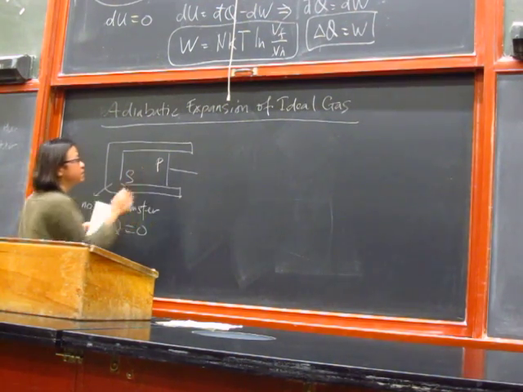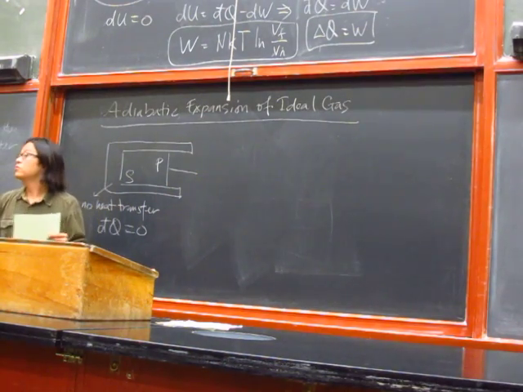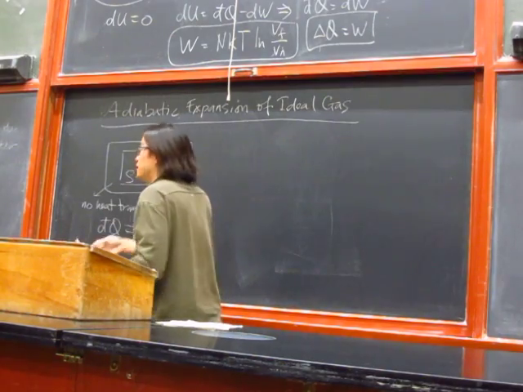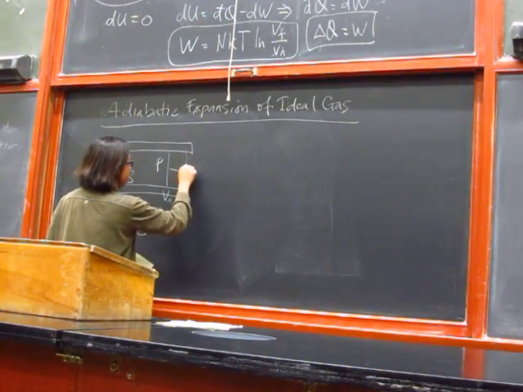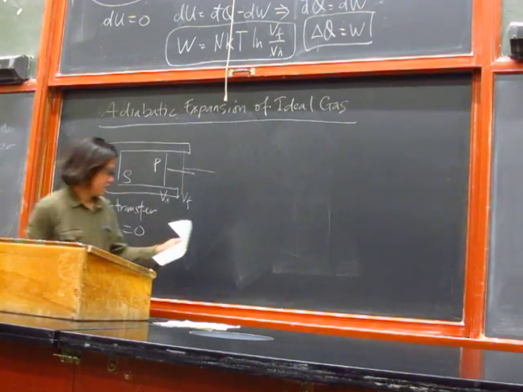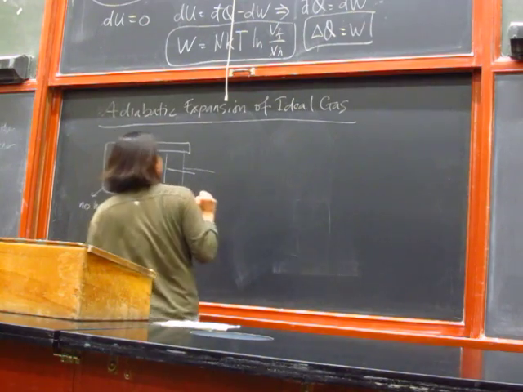There's a pressure here, and the gas expands. We want to know how much work is done in moving from the initial to the final state. The initial state is over here, and finally we have something over here, and originally the temperature is T.